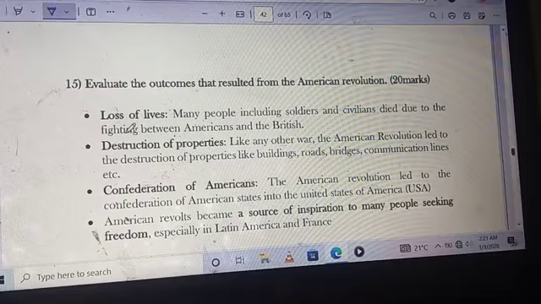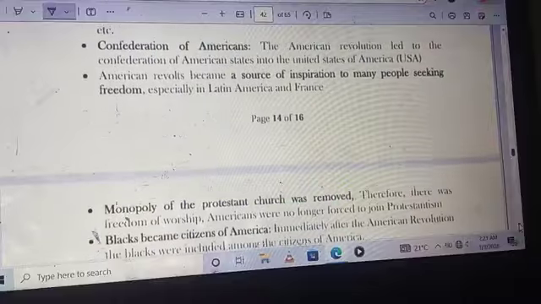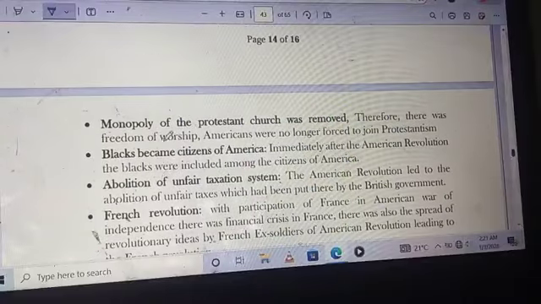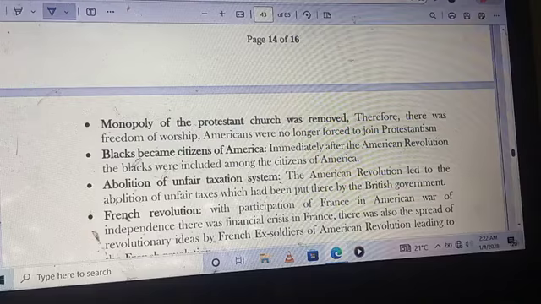First is loss of life. Second is destruction of property. Third is confederation of Americans. Third is American revolt became a source of inspiration to many people seeking freedom, especially Latin America and French. Also, monopoly of the Protestant church was removed. Blacks became citizens of America.